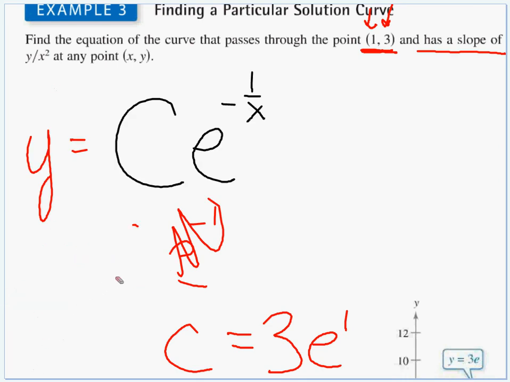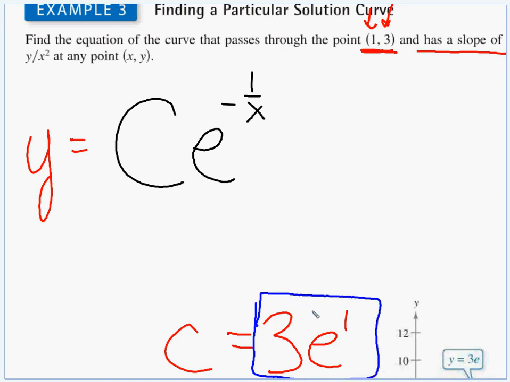Okay, there we go. So we've got our general, and now this is our particular. So our c is the same as this. I'm going to take out this c and replace it with 3e to the first. So let's see what that's going to look like. Y equals, well, I need a little more room.